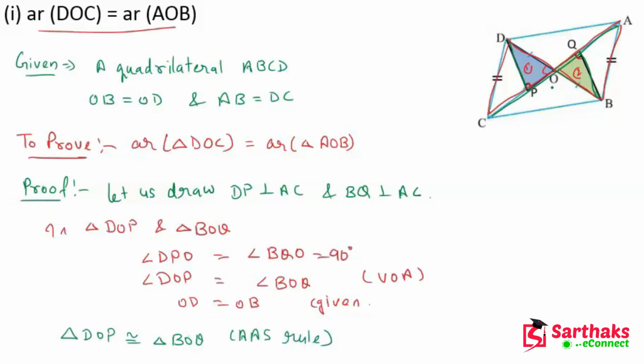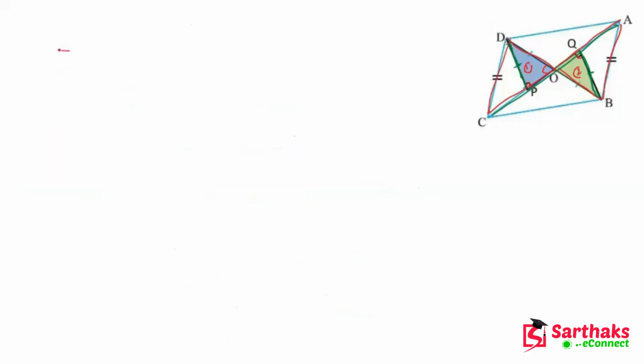So we can say DP is equal to BQ, meaning these perpendicular lines are equal, by CPCT. Let's suppose this is equation number 1.